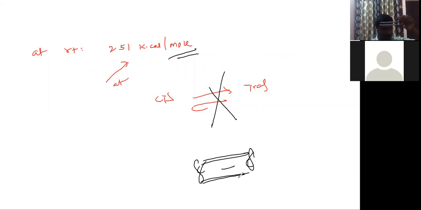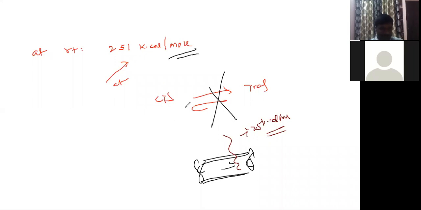So whenever we rotate this bond, the bond will break. It requires 251 kilocalorie per mole, but we cannot provide that much energy at room temperature. That is why cis to trans and trans to cis is not possible.